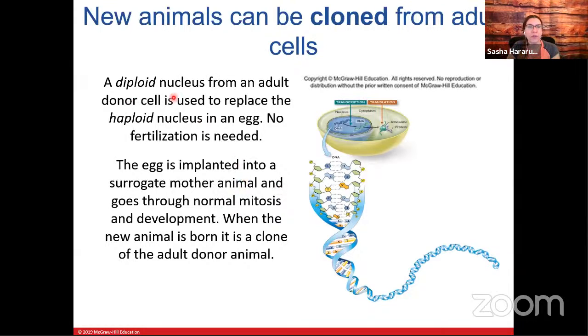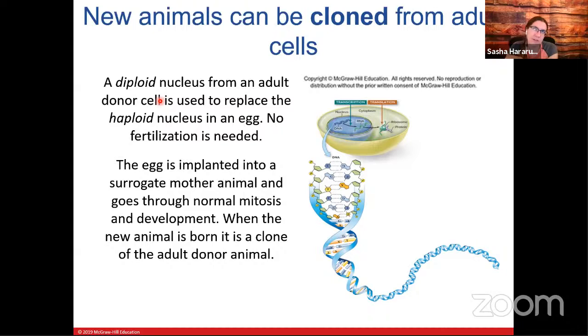So a diploid nucleus, a nucleus with two copies of each chromosome, from an adult donor cell or from an adult sheep, is placed into an egg cell of a donor. Because the diploid nucleus is placed into a donor egg cell, no fertilization is needed, and this donor egg cell with the implanted nucleus, which contains all the genetic information, starts dividing and forming a zygote.